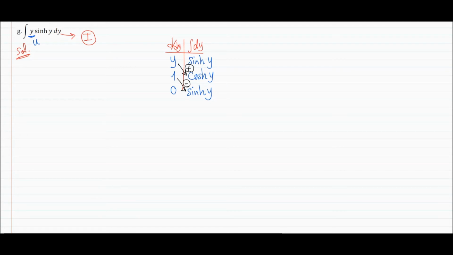Directly our integral will be I equals negative y cosine y plus sine y, and do not forget the constant c, the constant of integration. Look, this is an easy way to evaluate this integration, and in order to make it clear, let's take another example which includes a higher power of the polynomial function.